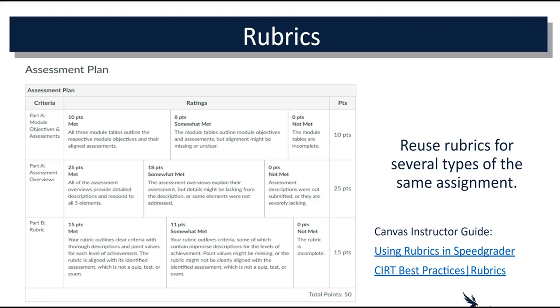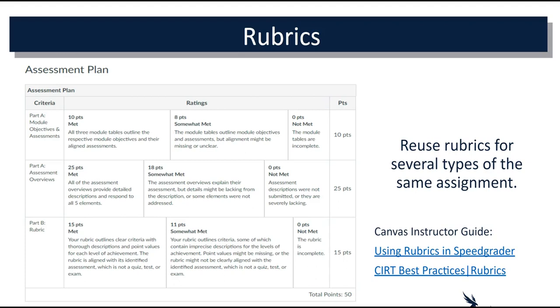And let's say you've decided you want to tweak that discussion board rubric. You can actually do that fairly easily by just creating another rubric, let's say discussion board revised, and attaching that to the next discussion board. So reusing your rubric across all of your courses is an absolutely fantastic time saver.